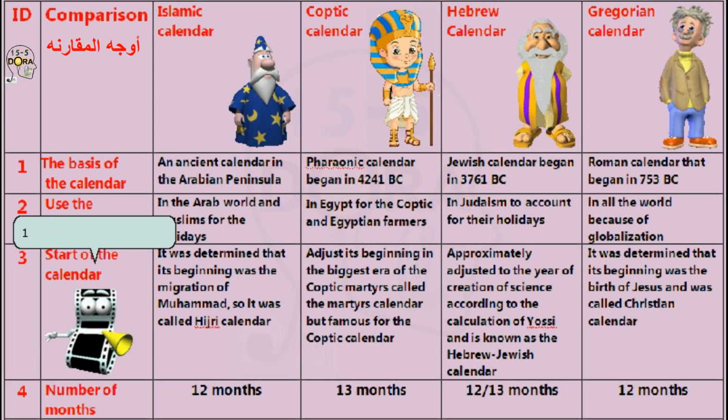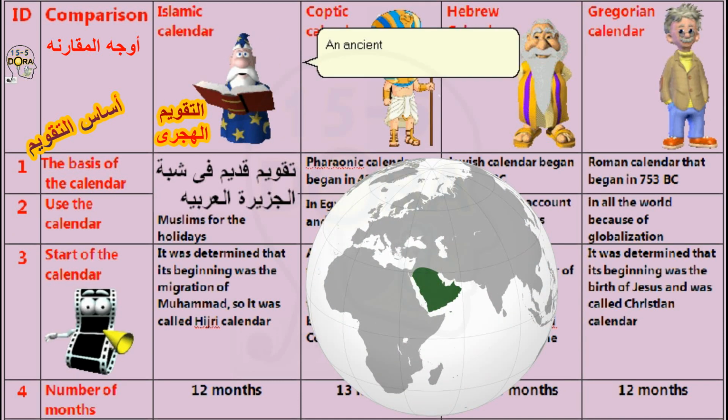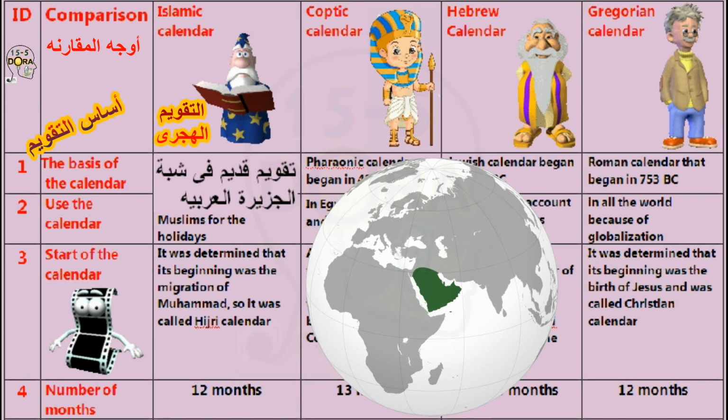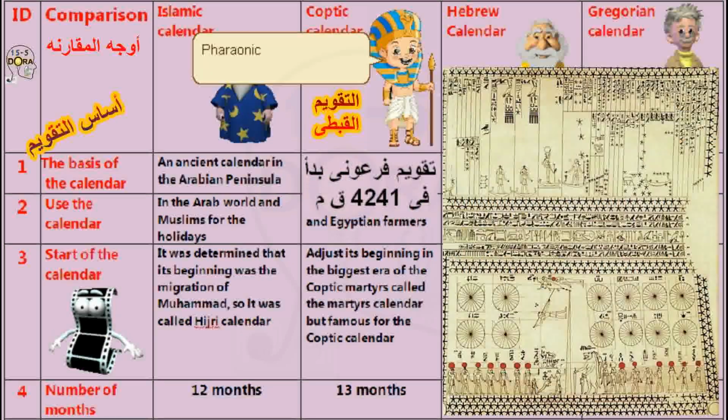Comparison. 1. The basis of the calendar. Islamic calendar: an ancient calendar in the Arabian Peninsula. Coptic calendar: the pharaonic calendar, which began in 4241 BC.